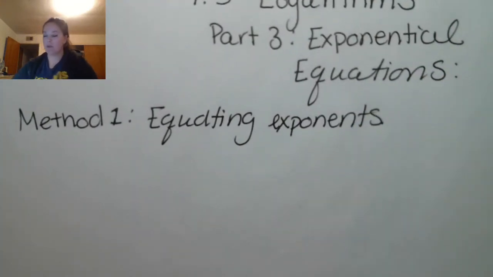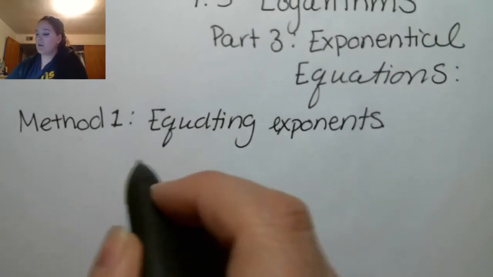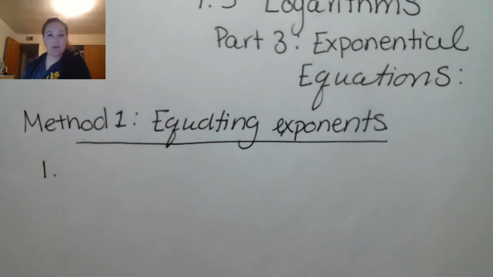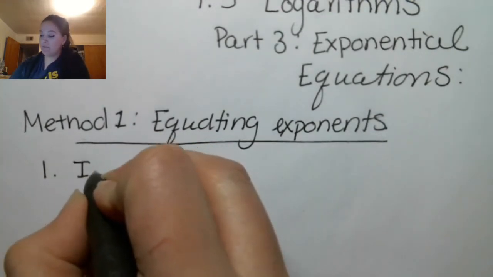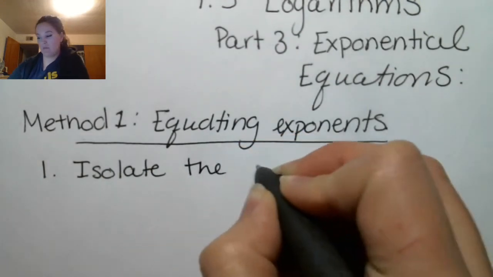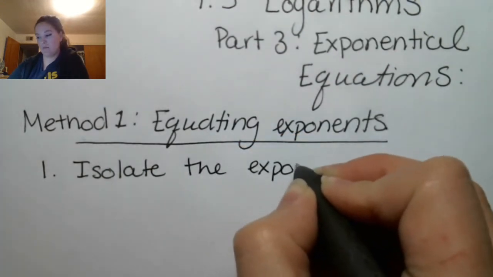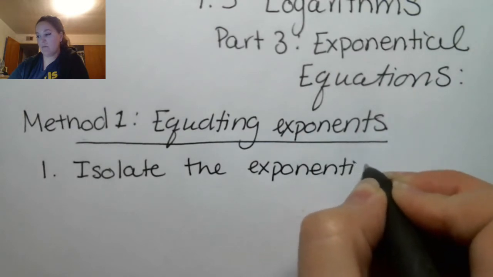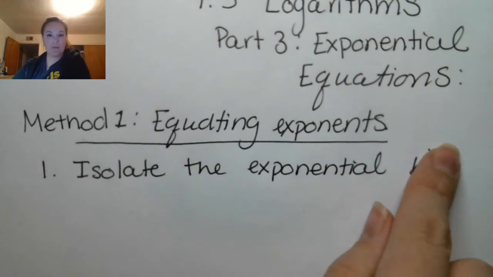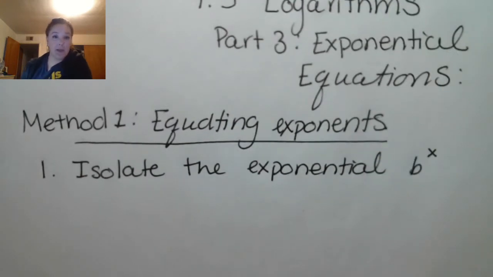The first step we're going to do is isolate the exponential. So remember the exponential part is the part that looks like b to the x power, where b is a number and x is our variable.